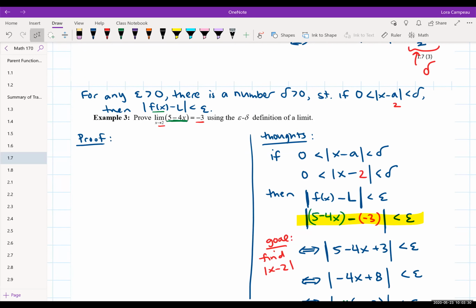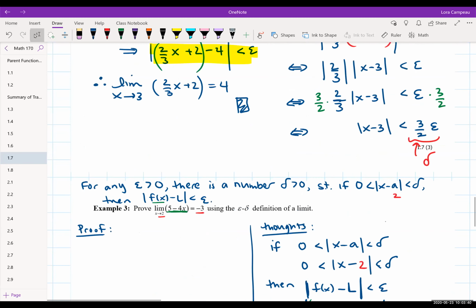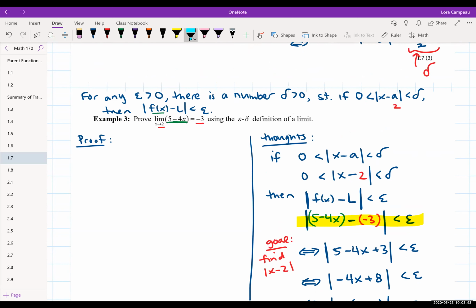So again, let's start off with the proof. Let's see if I can use the same colors as I did earlier. Always stating what's given. First off, we write: for any epsilon greater than 0.